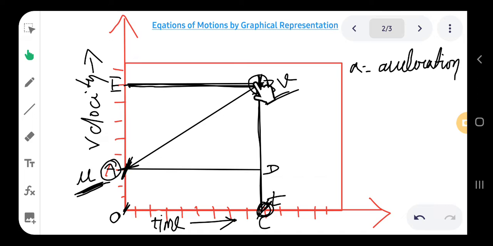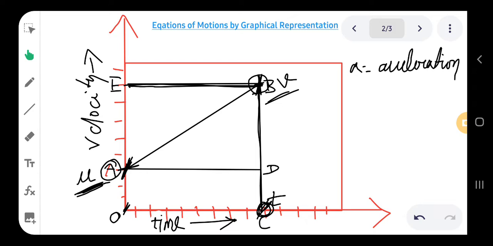So from point B we drew perpendicular lines, BE and BD. Now the initial velocity is represented by OA.